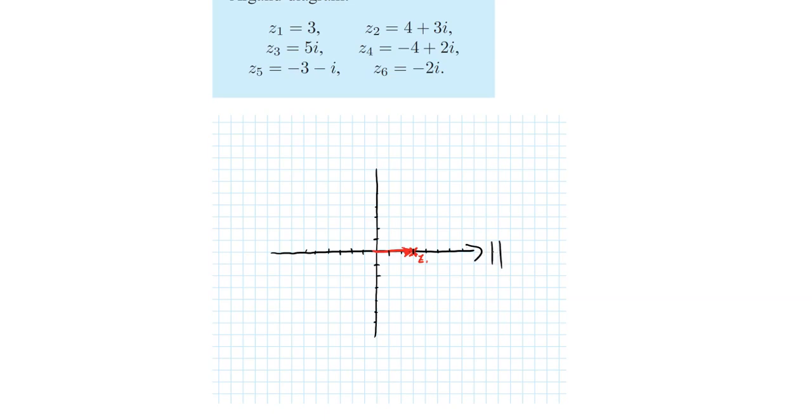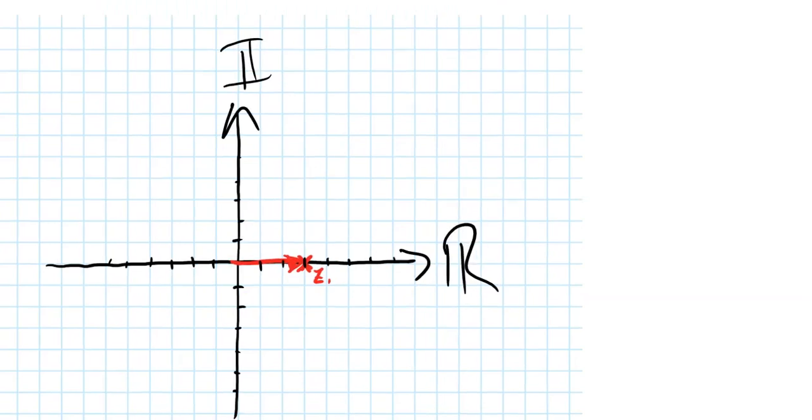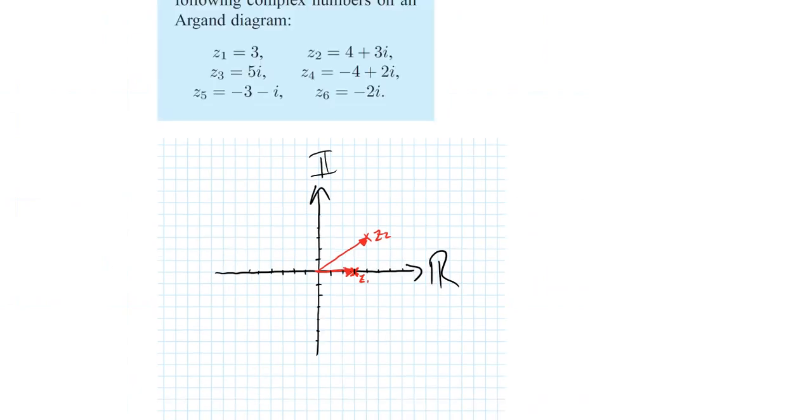Let's make a note and make sure we write that real direction, look, and that imaginary direction. Okay, so this one has a real component that is 4 and an imaginary component that is 3. So we'll need to be 4 across and 3 up. Z2 is going to end up there. Let's draw that arrow in, look. So Z2, perfect. Let's carry on.